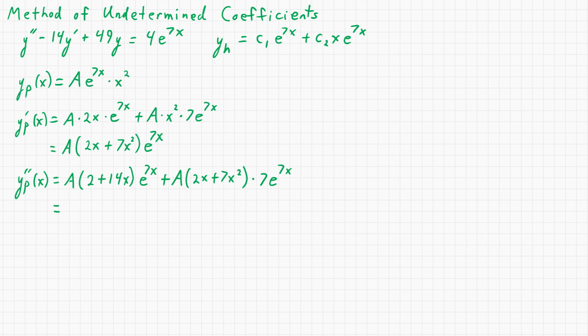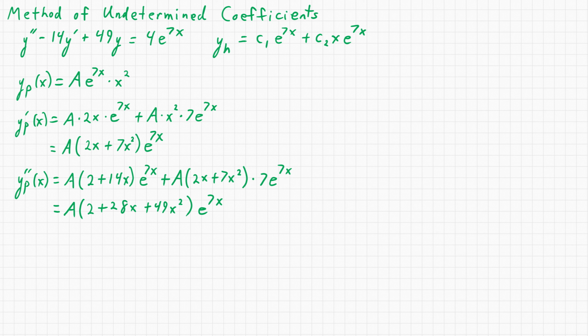Again, it's always nice to simplify before going on. Everything has an a on it. Looks like we have a constant, an x and e to the 7x terms. We have a 2 here. No constants in the second term, so just 2. We have a 14x, plus 2x times 7, so another 14x, that makes 28x. And then we have a 49x squared. And that's all times e to the 7x.